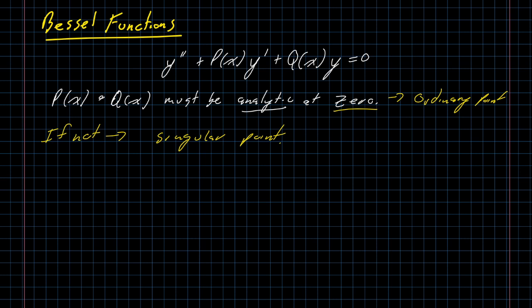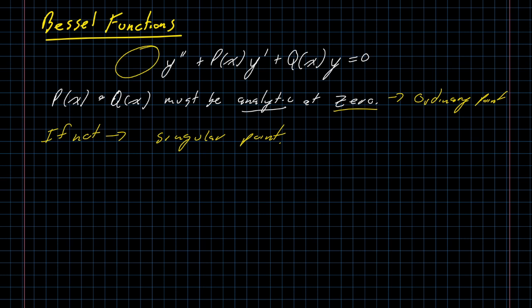If it's not an ordinary point, then we say it is a singular point, or a singularity. And the reason for that is the same reason that we call a black hole a singularity. It is usually caused by a divide by zero error in the work you've done.